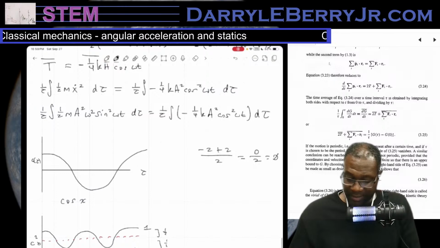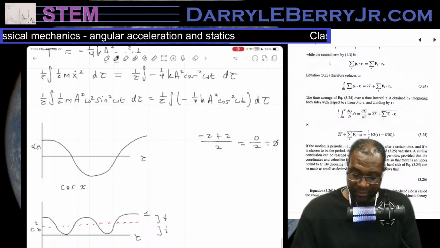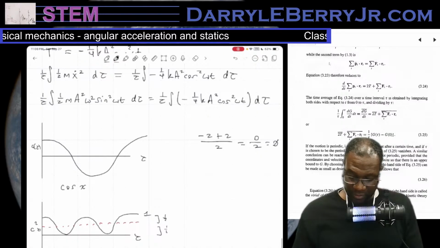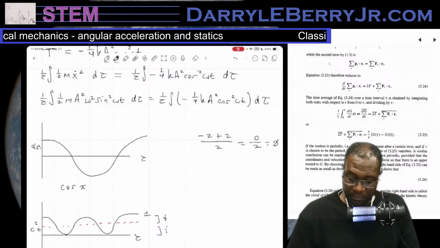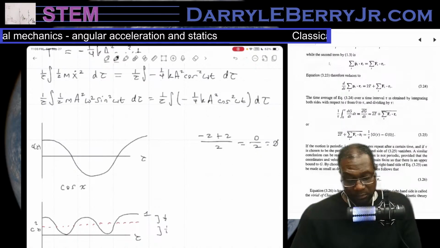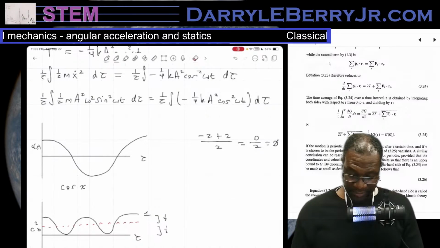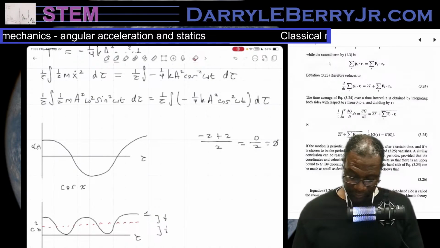All right, so she was saying that this integral should be very easy for that reason. So let's look at this. I'll bring out the constants to make this a bit more clear.